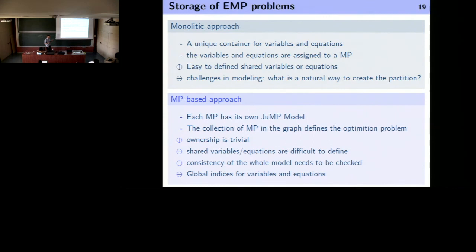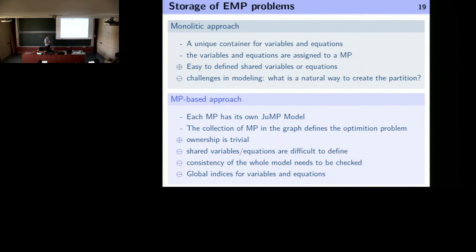And so here is something to bounce off the community to see what you're thinking about. There was this question about whether we want each mathematical program to have its own JuMP model or JuMP object. You can have a monolithic approach, where you have one container for the variables and equations, and then a partition of it is contained in each mathematical program.